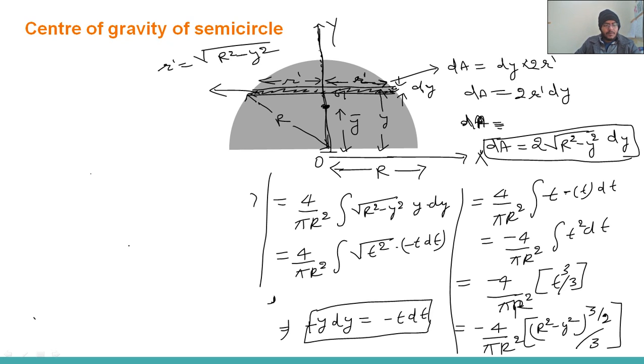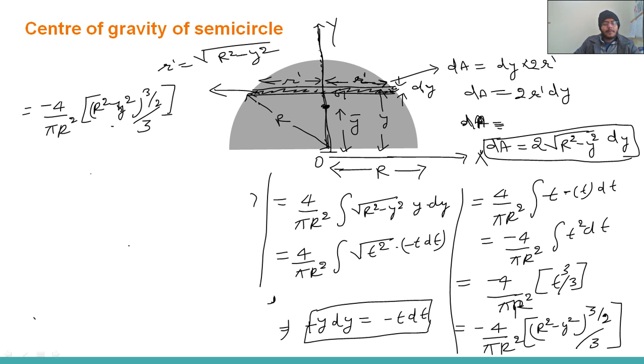So finally, the integration is minus 4 divided by pi r square into r square minus y square to the power 3 by 2, after putting the value of t, divided by 3.